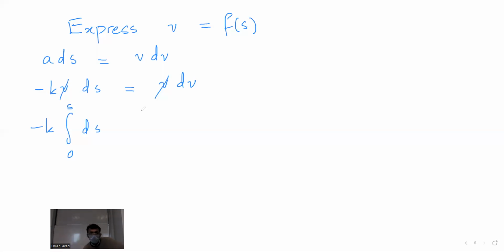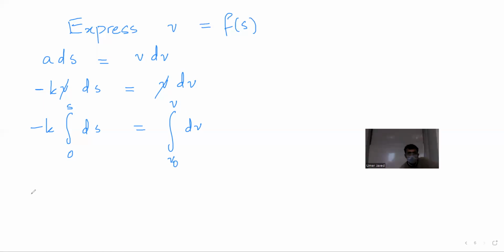This is equal to integral dV, V1 to V2. But I think V1 is V0, we decided. And V2, I think, can be a simple V. And we have minus K S equal to, so integral dV will give me a V, because integral of 1 is a V, right? So V0 to V.